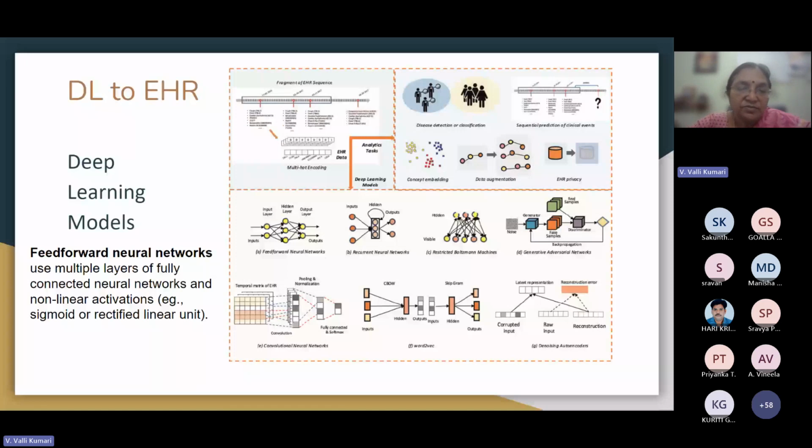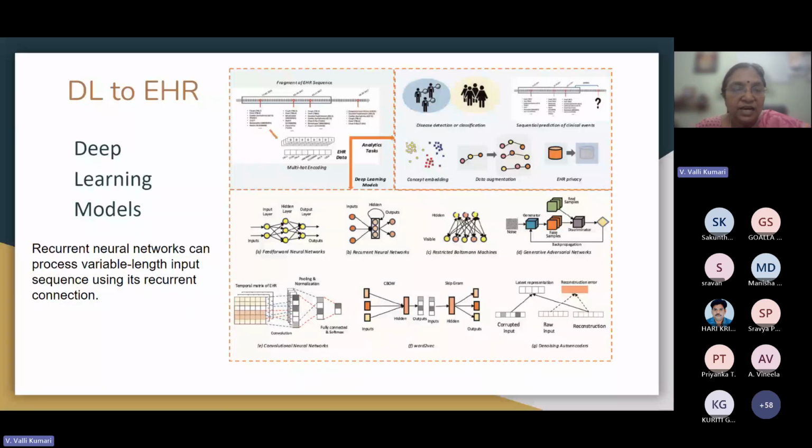Next is which models to apply. We can make use of feed-forward neural networks, fully connected neural networks, with sigmoid or rectified ReLUs as activation functions.